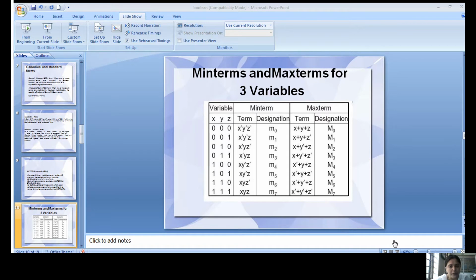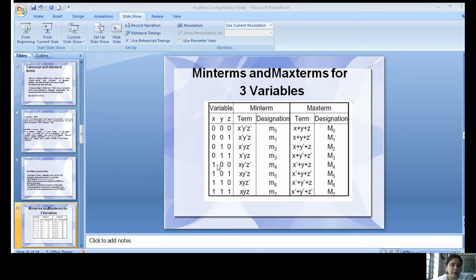So here three variables, so you will be having 2 raised to 3. It is 8. So altogether 8 combinations you will be having. So here the combinations are given. Now 0 0 0, 0 0 1, 0 1 0, 0 1 1, 1 0 0, 1 0 1, 1 1 0 and 1 1 1.